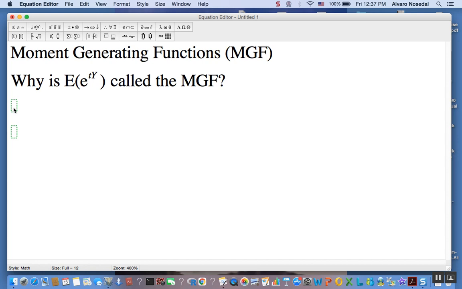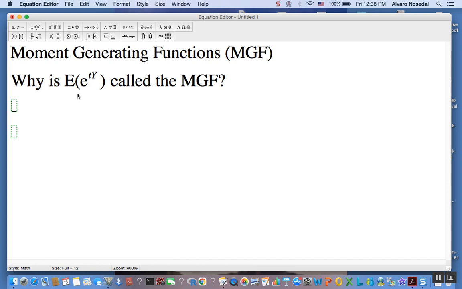In order to explain why this expected value is called the MGF, we will have to revisit something that we have discussed before in another video. We will revisit Maclaurin series.